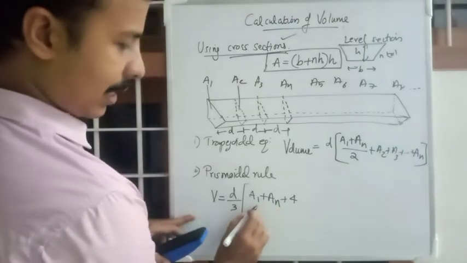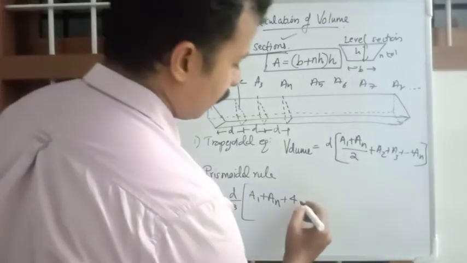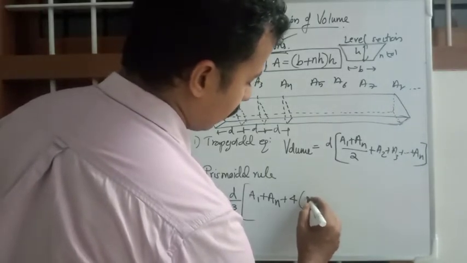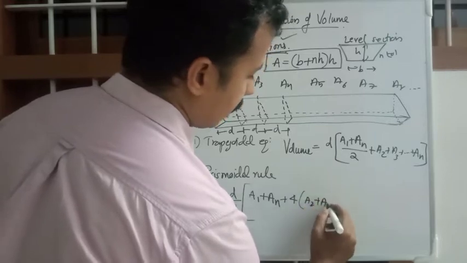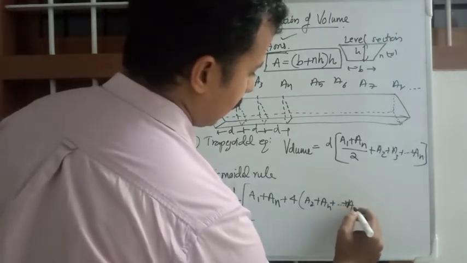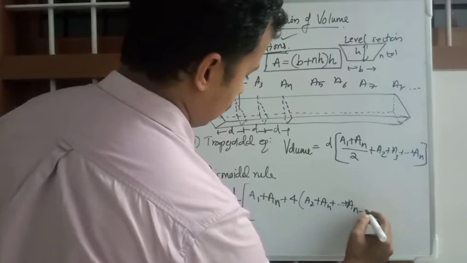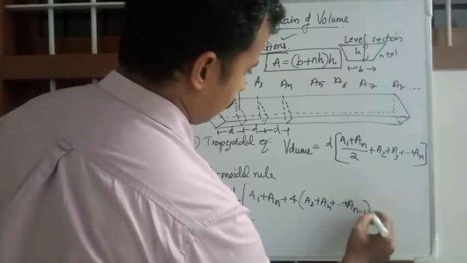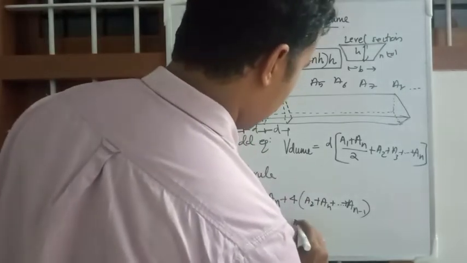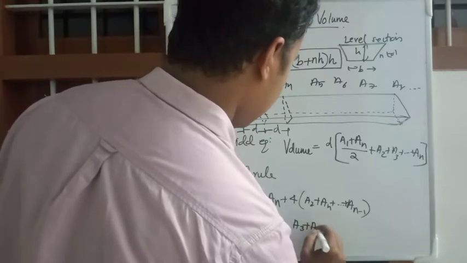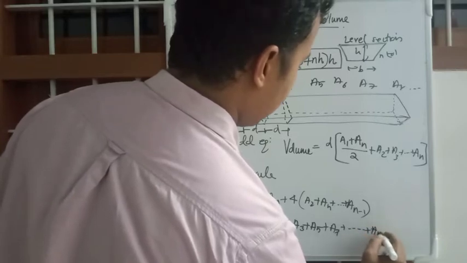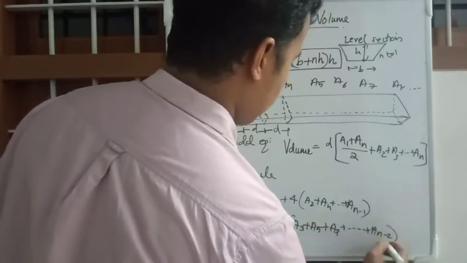Instead of A0 at the start, we started with A1, that's the only difference. 4 into all the even-numbered areas, A2 plus A4 plus etc. A(n-1), plus 2 into A3 plus A5 plus A7 plus etc. A(n-2).